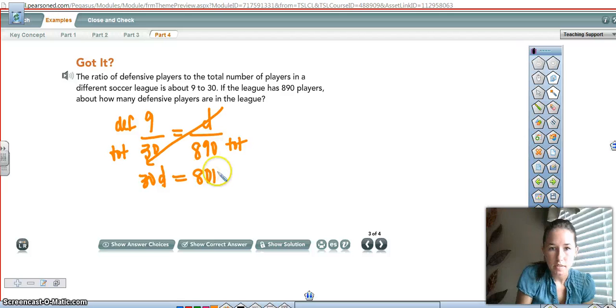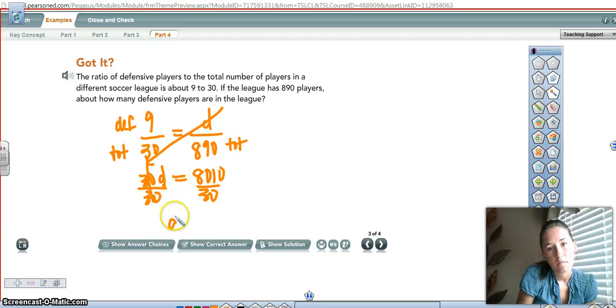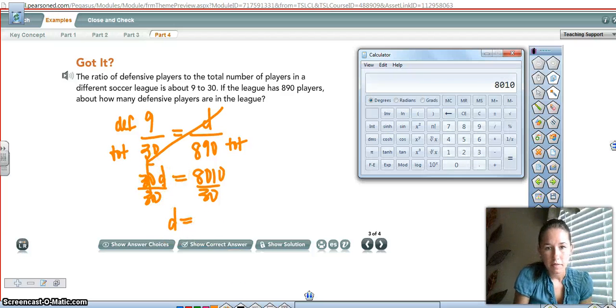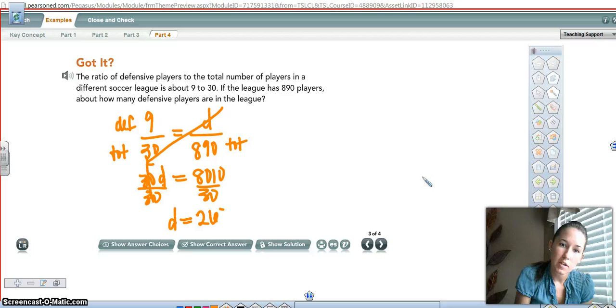And lastly, I would need to divide by 30. So the number of defensive players is 267.